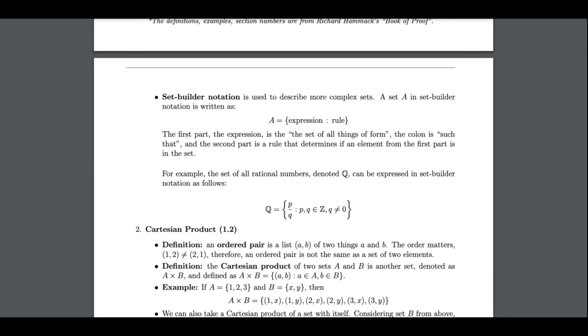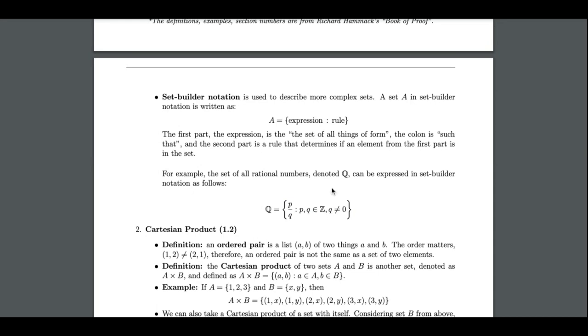We don't divide by 0 in mathematics. We have 3 apples shared by nobody, it just doesn't make sense. So we require the denominator not to be 0. So this is set builder notation.